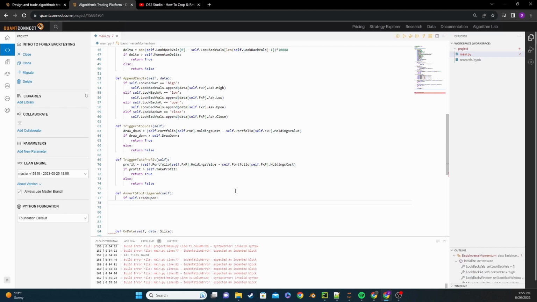And then we're going to look at our transactions. I believe we will. Yeah, we're just going to do this. We're going to look at our transactions. We're going to get our open orders. And then if we do this, we're going to return true.